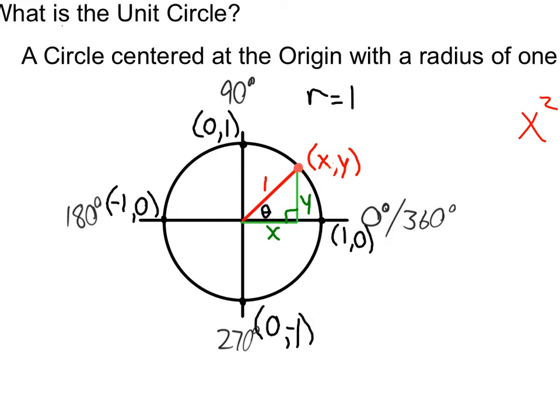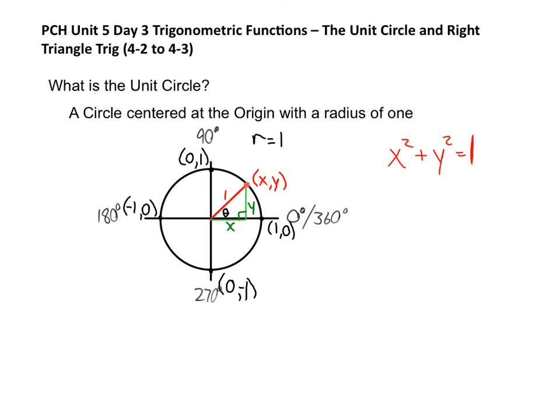So we have this point xy. What we're going to develop today is a number of different angles, the angles that you need to know on the unit circle. And then also we're going to develop how to find the points on the unit circle. Okay? So that's where we're headed today.